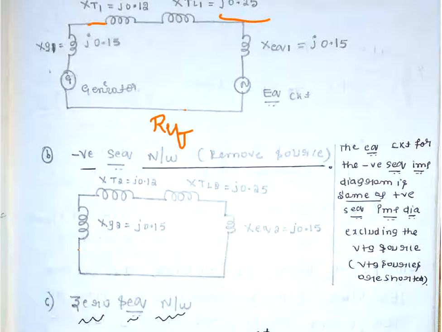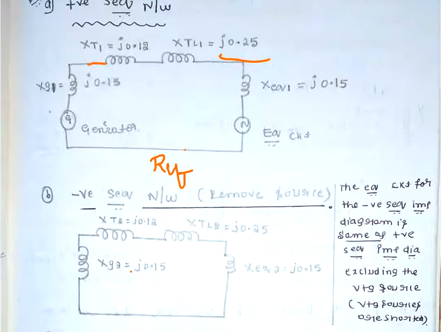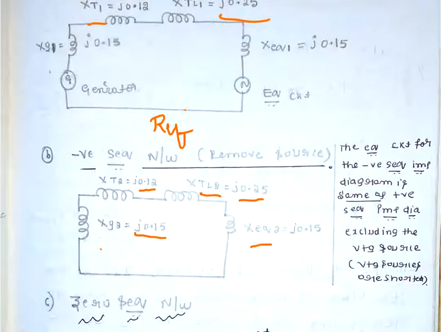So I removed my generator source. You can see here Xg2, given in the question, is 0.15. Then for the transformer, the positive, zero and negative sequences are the same, so Xt2 is j0.12, as in the question, and the same for XTL2 equals j0.25 and Xeq2. The difference is that the generator source should be removed, right?